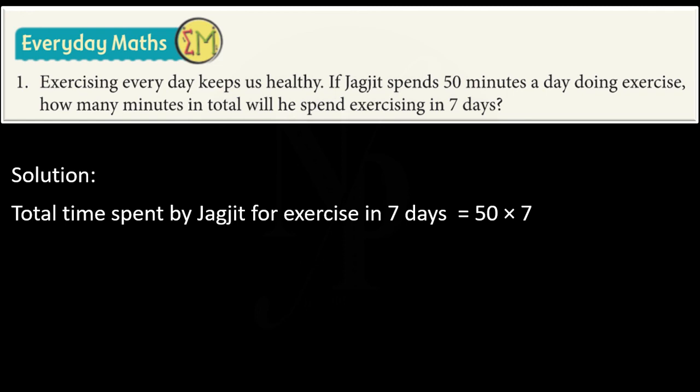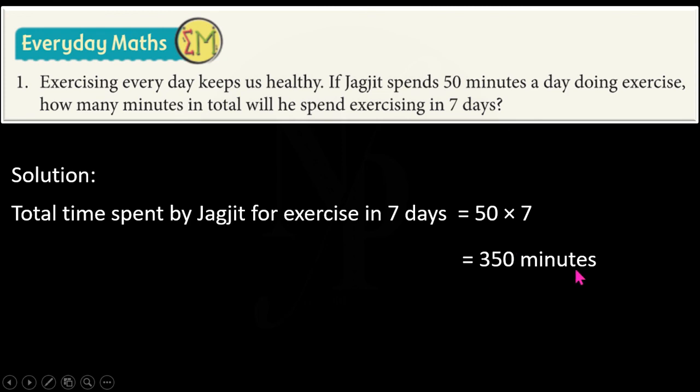So the product of 50 and 7 will be simpler. When we multiply 5 and 7, 7 5s are 35, and we should put 0 to the right of 35. That is 350. So 350 minutes he spends doing exercise in 7 days.